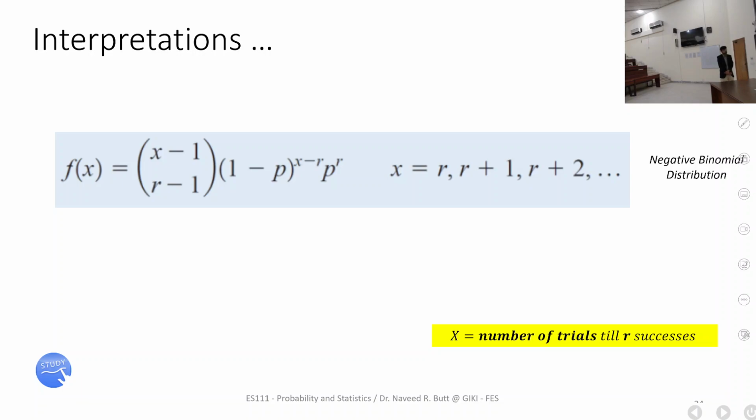Right. So how many trials in this case? R successes. How many trials? X. X is the number of trials. जो ही आपकी R successes पूरी हो जाएगी, आप रुक जाएंगे, right? So let's say I'm saying 3 successes in 5 trials.